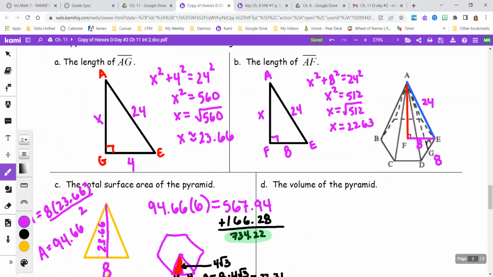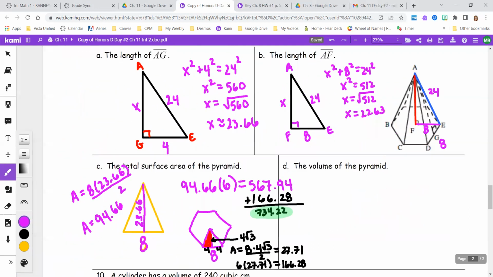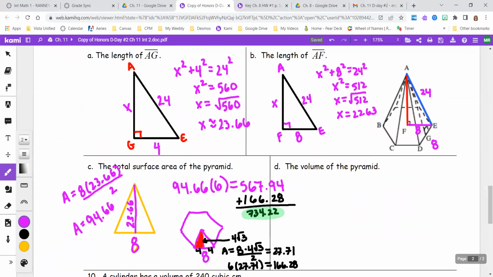So when I'm going to find the volume, I'm going to take the area of the base, which is 166.28, the area of the hexagon. I'm going to times it by the height. That height is this 22.63. That would be it as a prism.